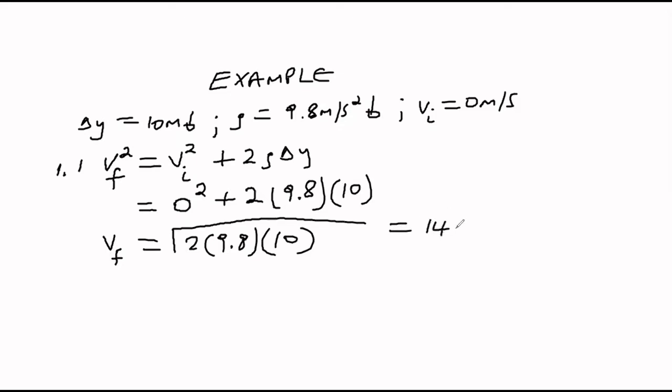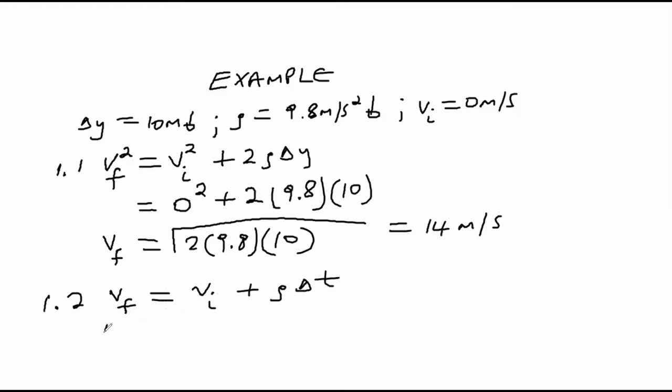The answer is 14 meters per second, downwards. Okay, let's check the second question. The second question is to calculate the time taken by the stone to hit the water. So we can use the first equation, which is V final equal to V initial plus G delta T.